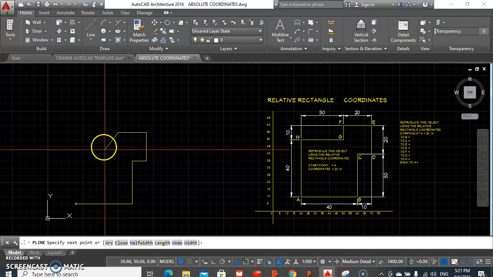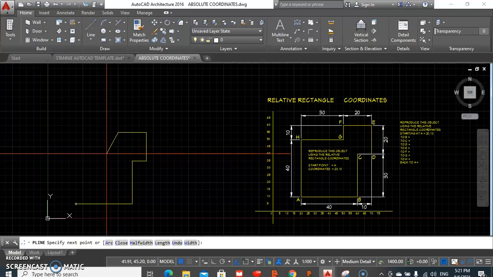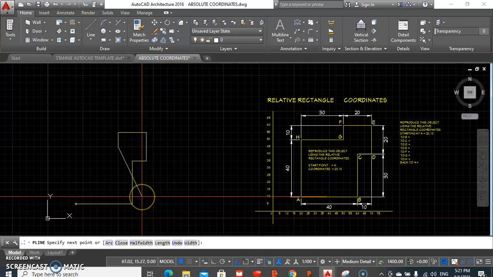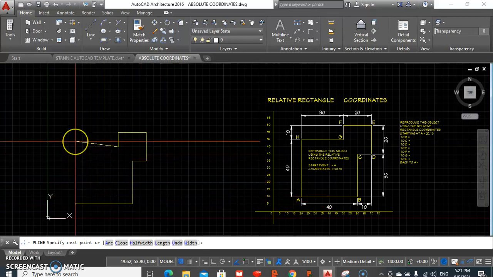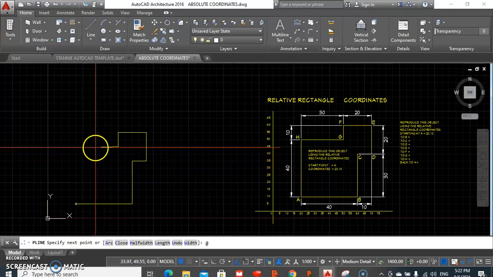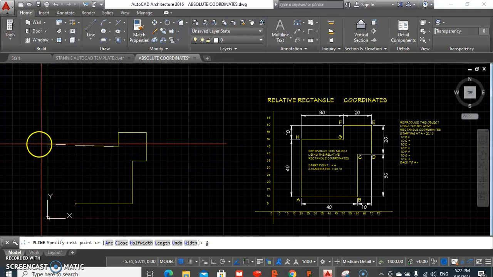Now to get to point G from point F, notice we have no x values, so it's going to be @0, comma, and because we are going down 10 units in our y value, it's going to be negative 10. Enter. We have our point G. To get to point H, let's go @. Notice we have a value of 30, but we are heading in the left direction.